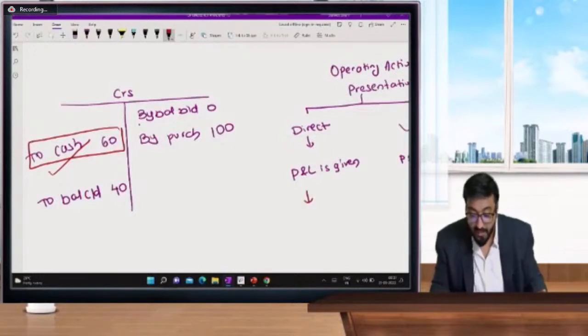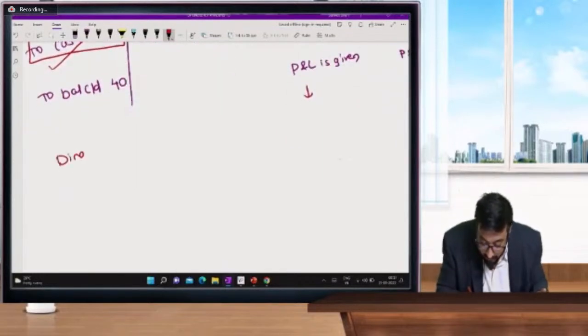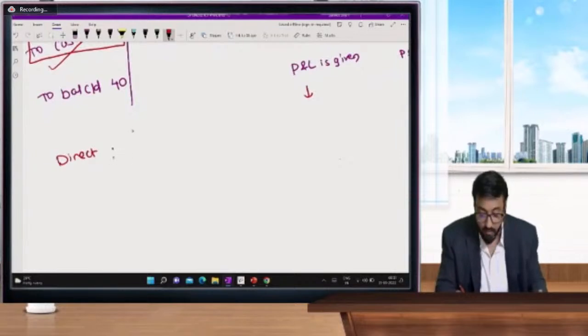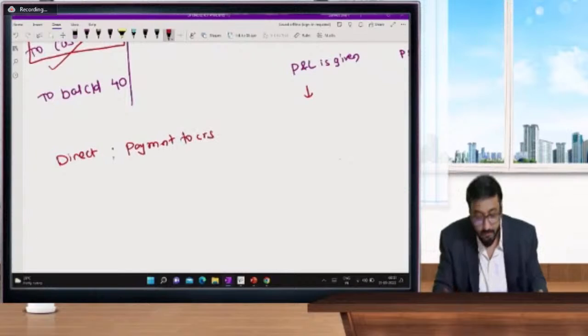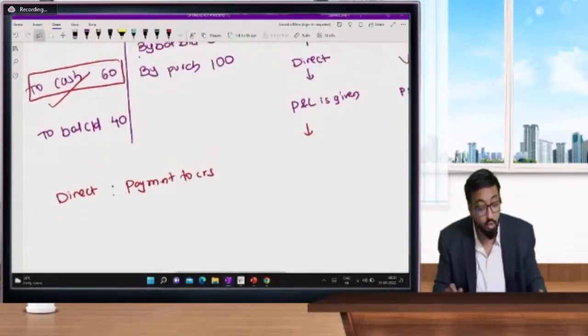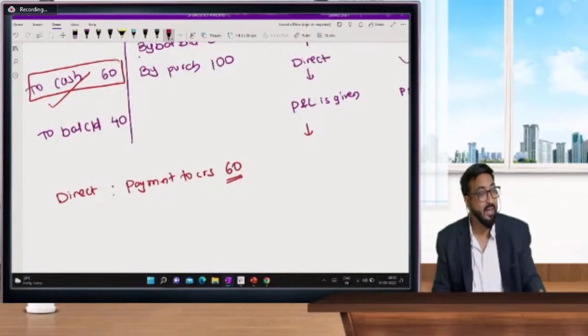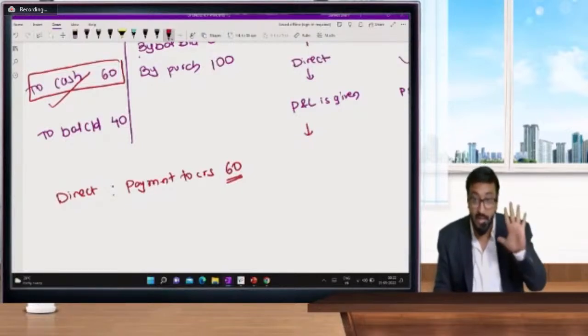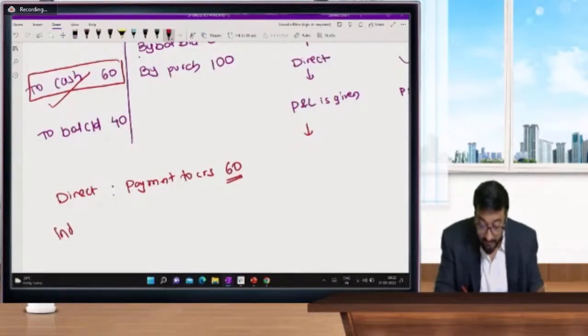As per direct method, you will directly focus on payment to creditors. And how much you paid? 60 rupees. Directly 60 rupees you will focus on, the direct payment. That's why this method is called direct method. But wait, for indirect method.